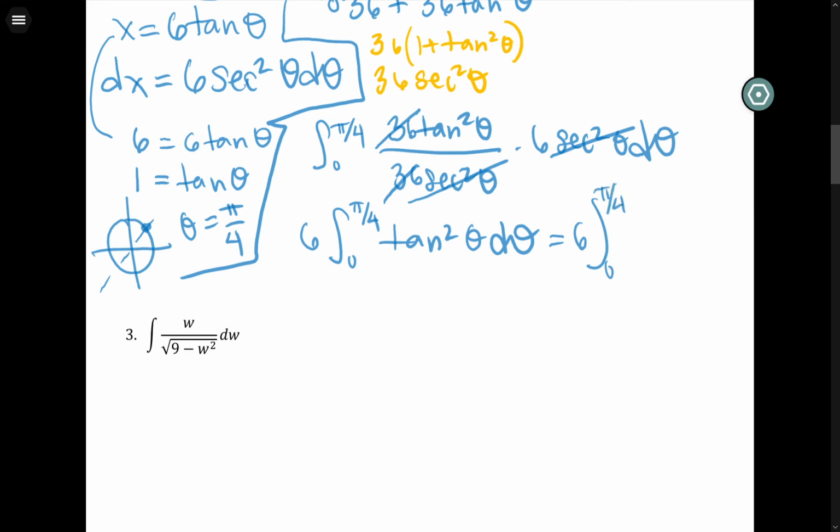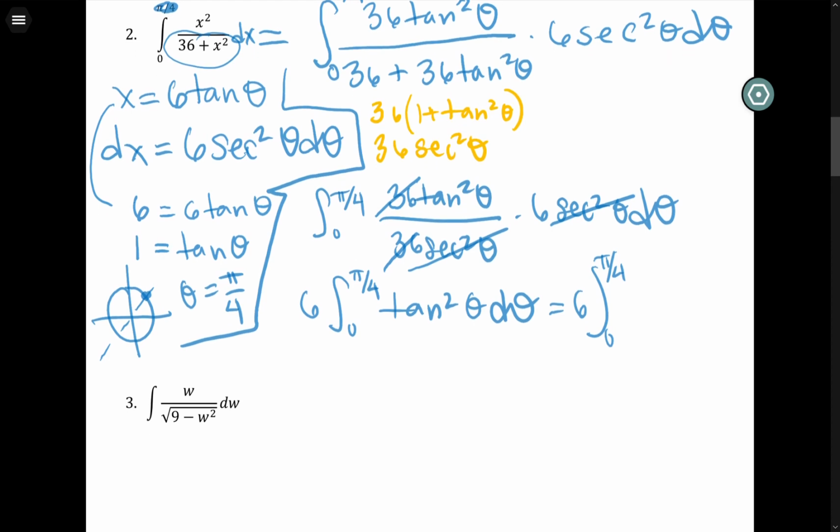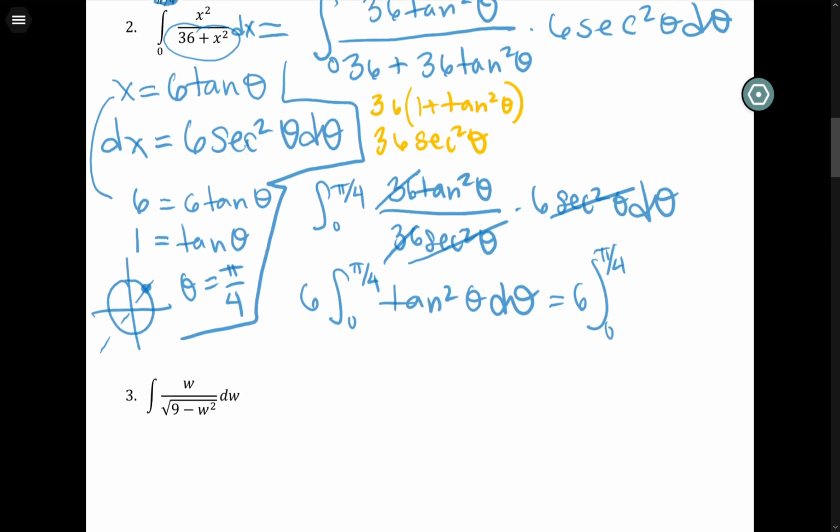Remember, the Pythagorean identity that we just used said that 1 plus tangent squared is equal to secant squared, which we could rearrange and say, well, then tangent squared is the same as secant squared theta minus 1. And we actually know that the antiderivative of secant squared is tangent, and the antiderivative of 1 is theta.